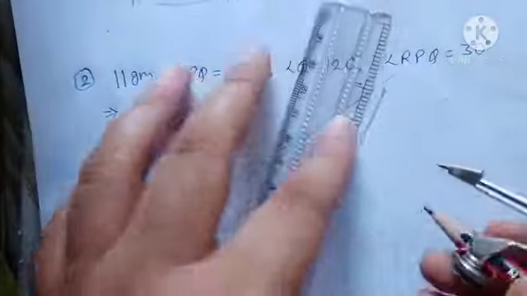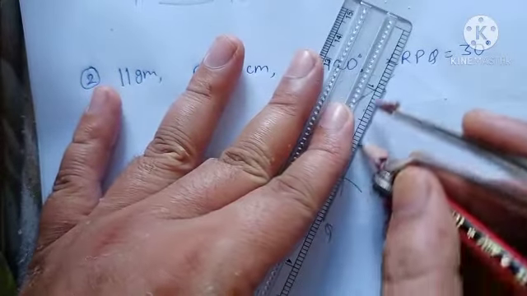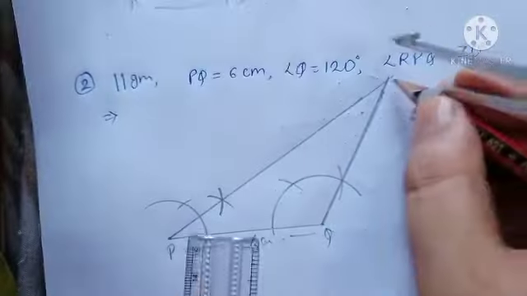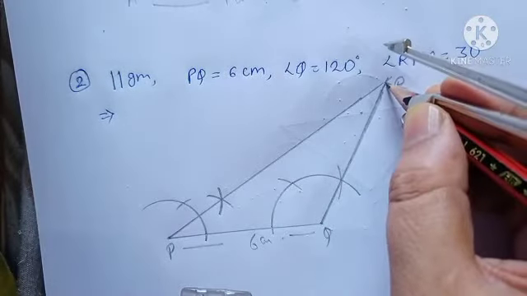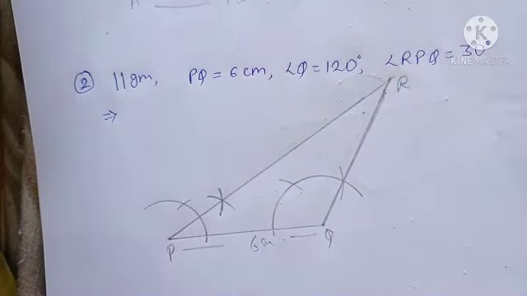Now we will extend the ray, this line up to R. So this point is R. Where these 2 points meet, this point is R.